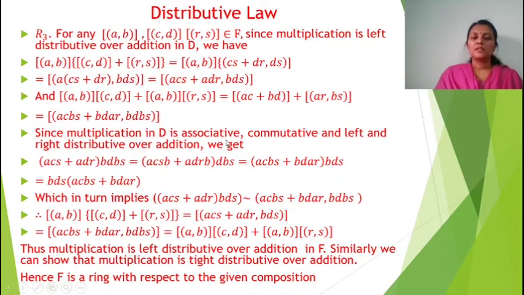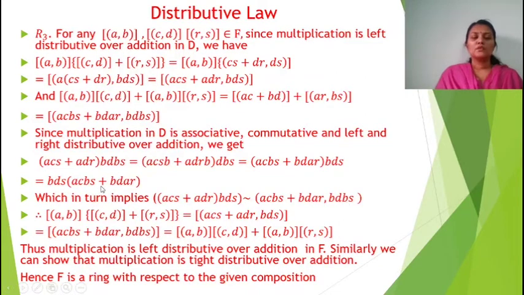So multiplication is associative, commutative, and left and right distributive over addition. We get (acs + adr)/(bds) is equal to (acsb + adrb)/(dbs·b), which is equal to (acbs + bdar)/(bds·b), which we can write in the equivalence relation as (acs + adr, bds) equal to (acbs + bdar, bdbs).